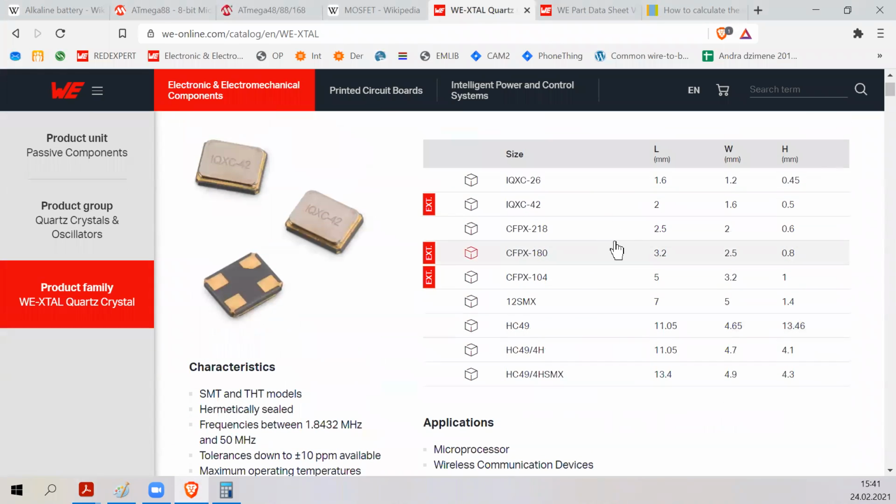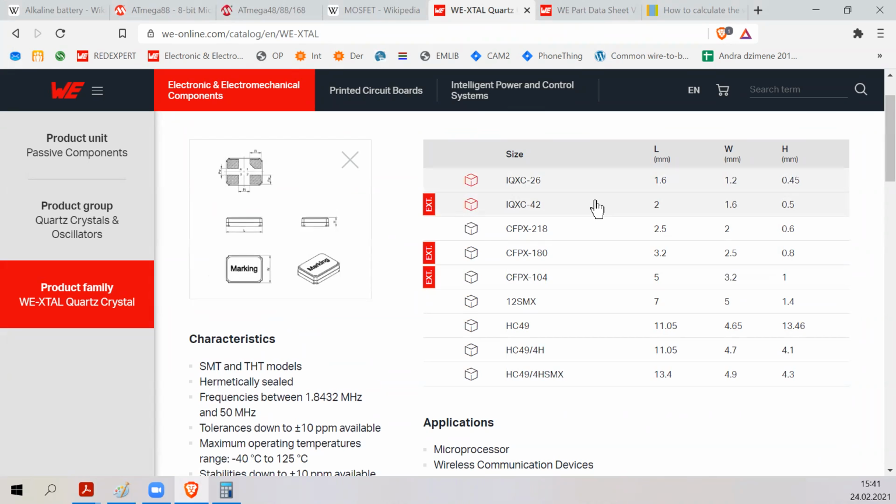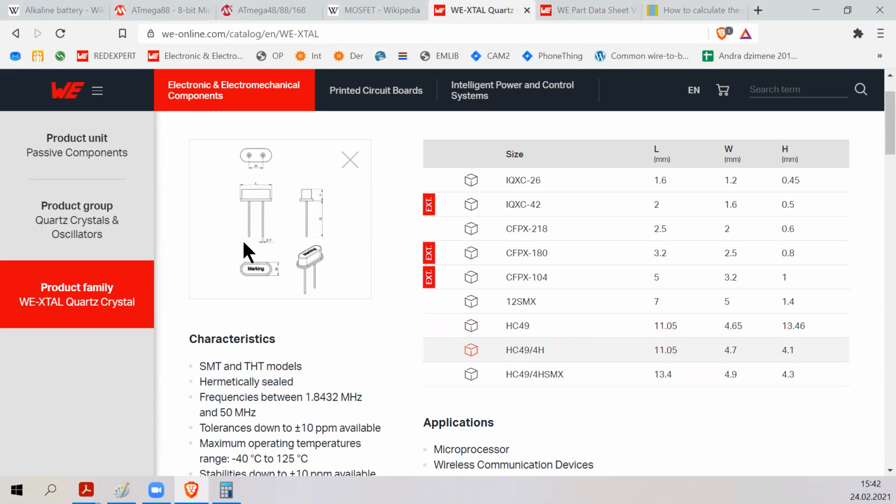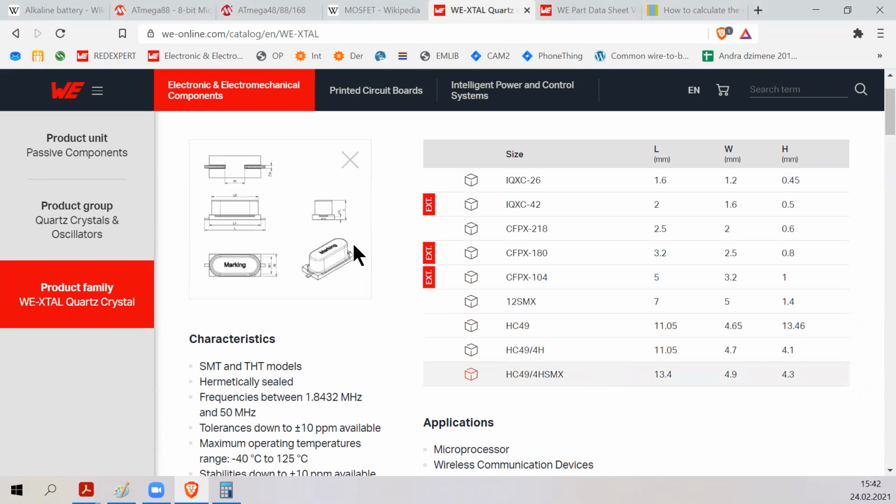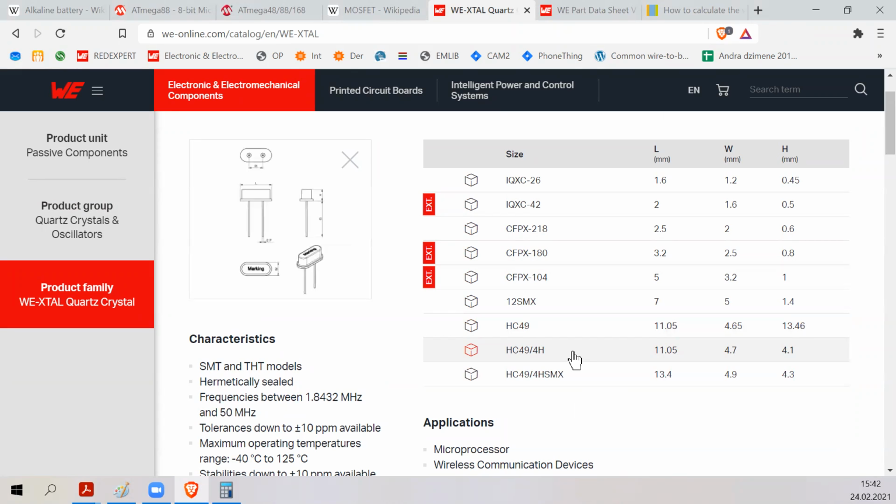Here again, you can buy these crystals in different packages, smaller ones, bigger ones. These things are really big on the PCB. So these shapes are the cheapest. This metal one, you have probably seen them in some devices if you have opened them. And these are good crystals, but they're very big.